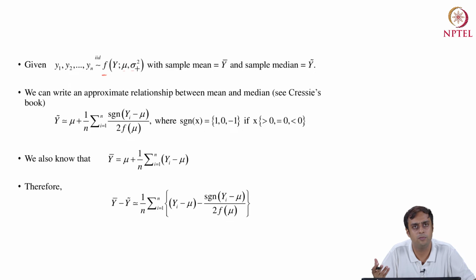Quite likely a normal distribution, right? I mean, it's a Gaussian. That's why we have a mean mu and a variance sigma squared. The sample mean is denoted as y bar and sample median is denoted as y tilde.